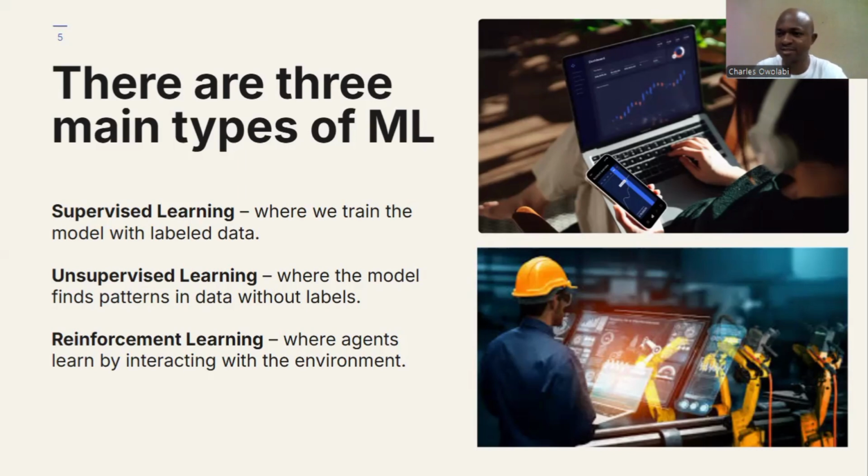Based on labels in this sense, it means that it has data that has a correct classification, and it's learning from that data to be able to label or make the right decision. While in the case of unsupervised learning, the model finds patterns on its own. It has to maneuver itself without learning from any other model or from any other data. While reinforcement learning is applied through interactions with the environment.